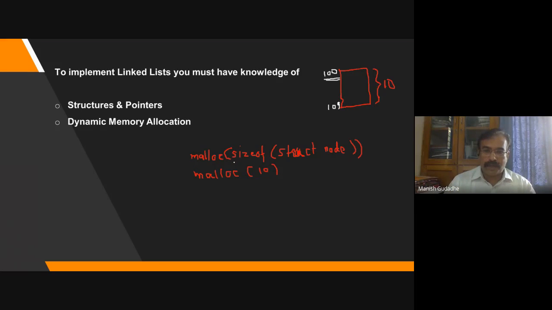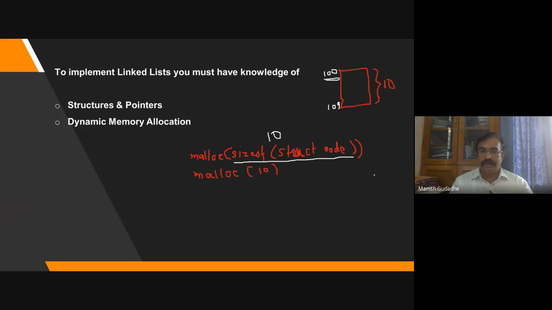Even though you have supplied the size of struct node, that is going to just return an integer. It doesn't mean that you are going to store a structure variable in that memory block. It means only that it should just allocate 10 memory blocks and return a pointer to it.